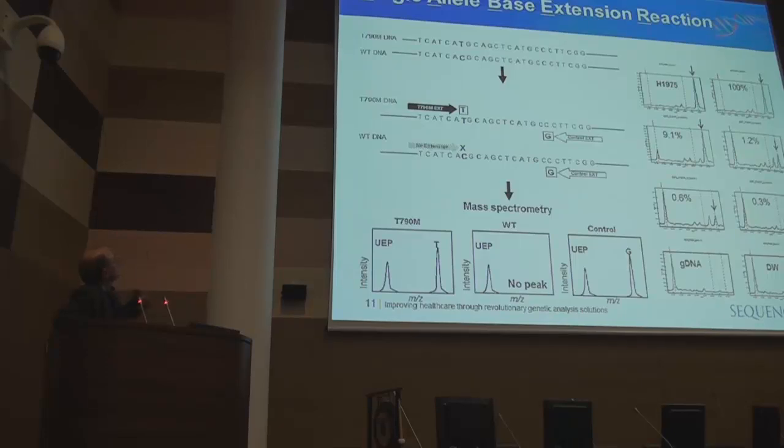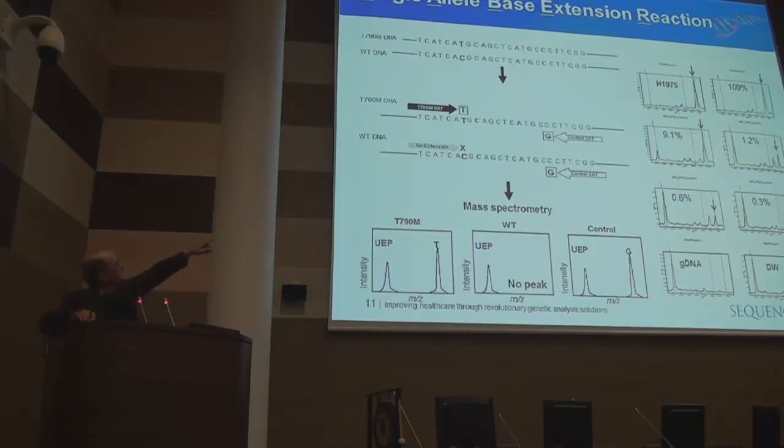I'm interested in detecting that T790M, and you can see that sort of in the middle of the slide. I'm not interested in detecting the wild type. I know the wild type's there. So what I do is design an experiment in which I sequence the mutant DNA if it's there, but I don't even try to sequence the wild type DNA. And what that does is give me about a factor of 100 increase in sensitivity in detecting the mutant DNA.